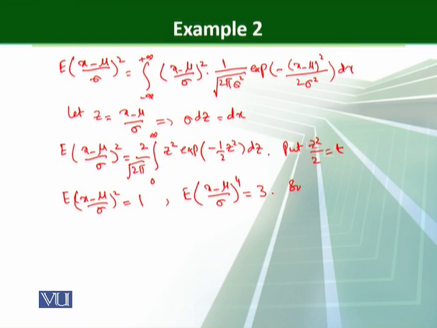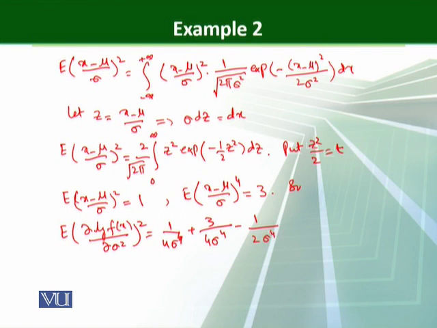The expected value of the partial derivative of log f of x with respect to sigma square, whole square, is equal to 1 over 4 sigma raised to power 4 plus 3 over 4 sigma raised to power 4 minus 1 over 2 sigma raised to power 4. When we simplify this, we find 1 over 2 sigma raised to power 4.